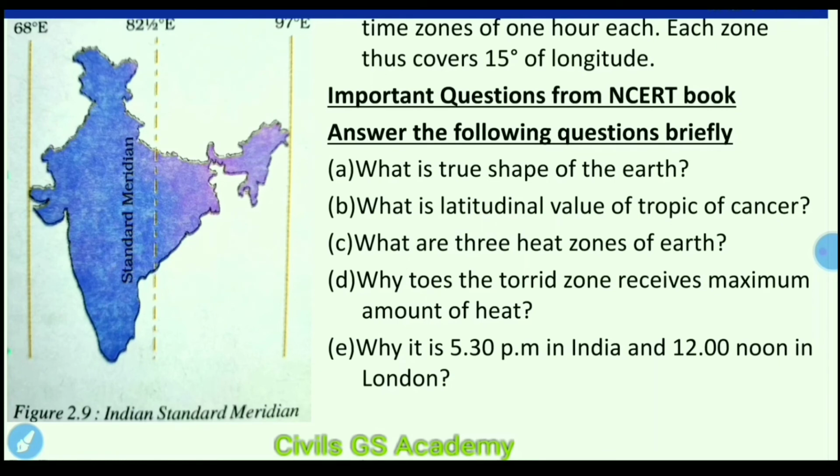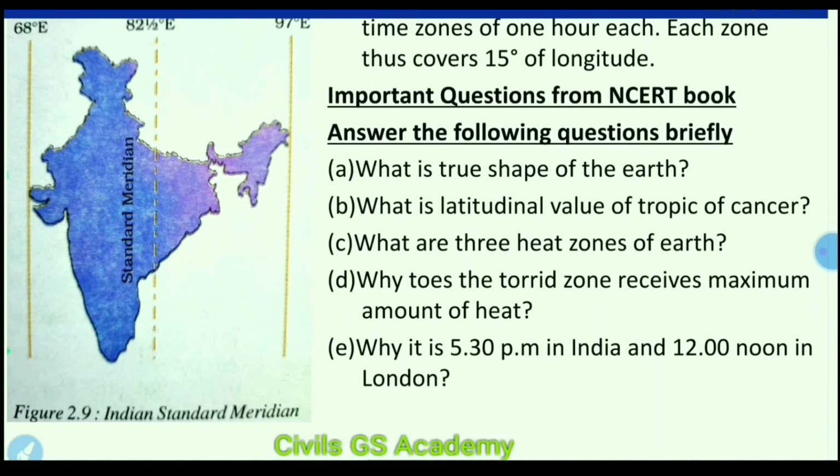Because each latitude on the globe between the Tropic of Cancer and Tropic of Capricorn receives sunlight over its overhead, or receives vertical rays of sunlight, once in a year. That's why this torrid zone receives maximum amount of heat.